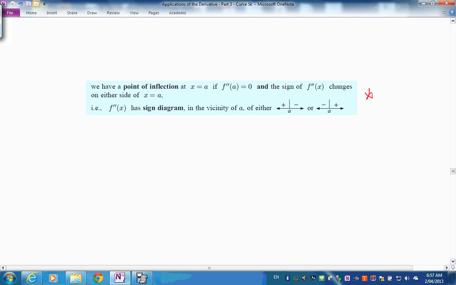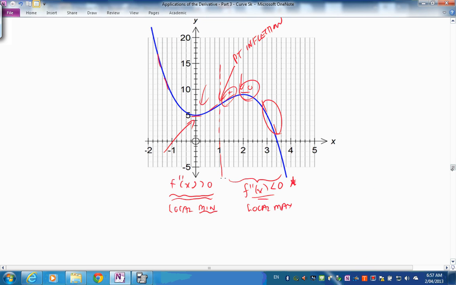So here we are, we're talking about points of inflection now. Points of inflection are where the second derivative equals naught and the sign of the second derivative changes on either side. So let's have a look and see if we agree with that. Let's go back up now and say, well, a point of inflection, there it is. Why would the second derivative be equal to naught?